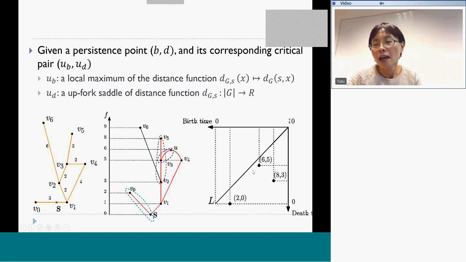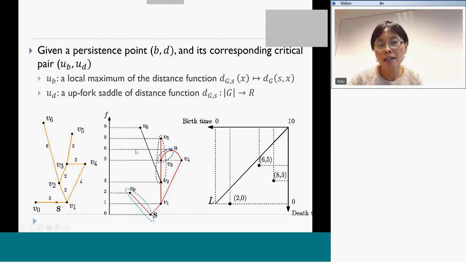And notice that every point, the birth and death, is generated by a pair of critical points in the input graph: the maximum, which is necessarily a local maximum of the distance function, because that's when you create a new connected component in the super level set, and the saddle, because that's when two connected components merge.